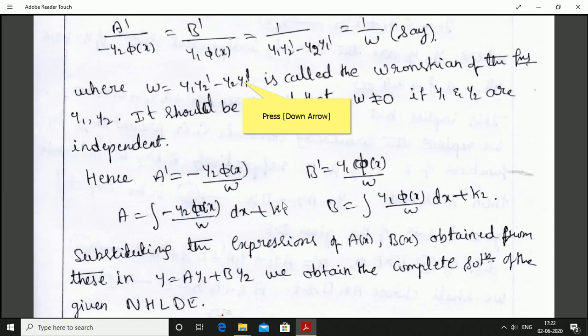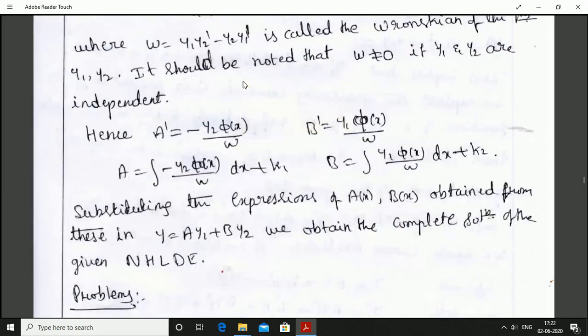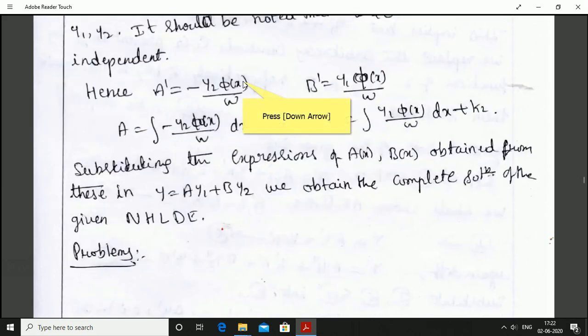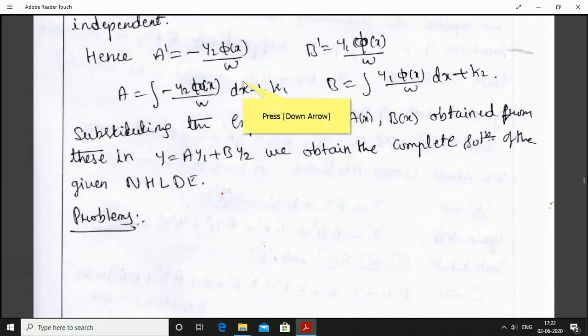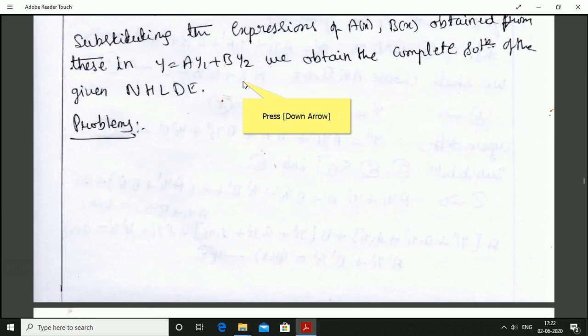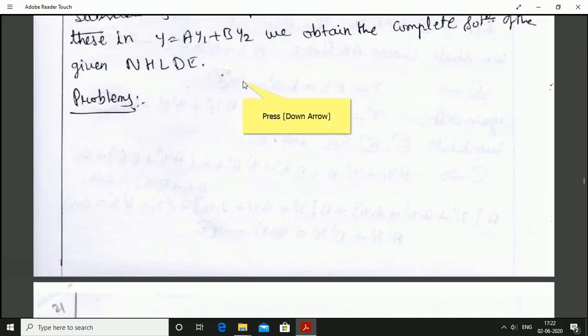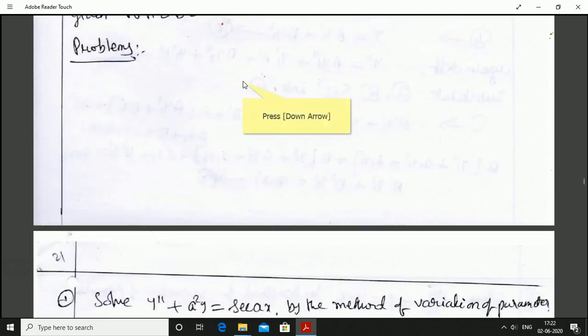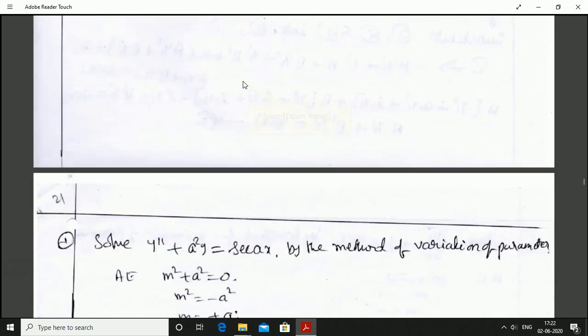If it is equal to 0, then y1 and y2 are not independent solutions of the homogeneous differential equation.